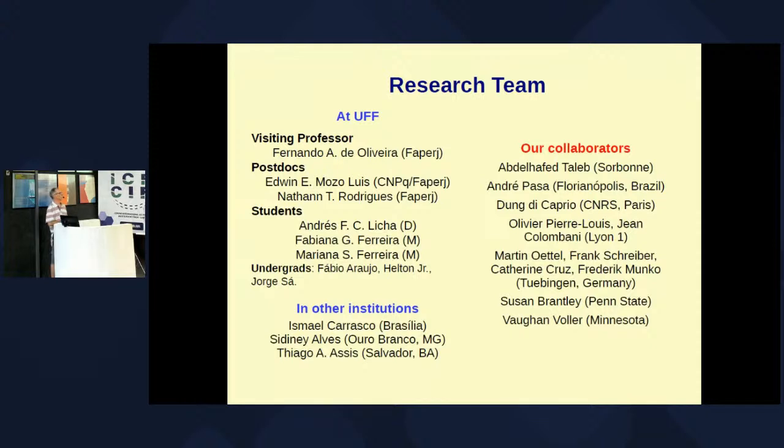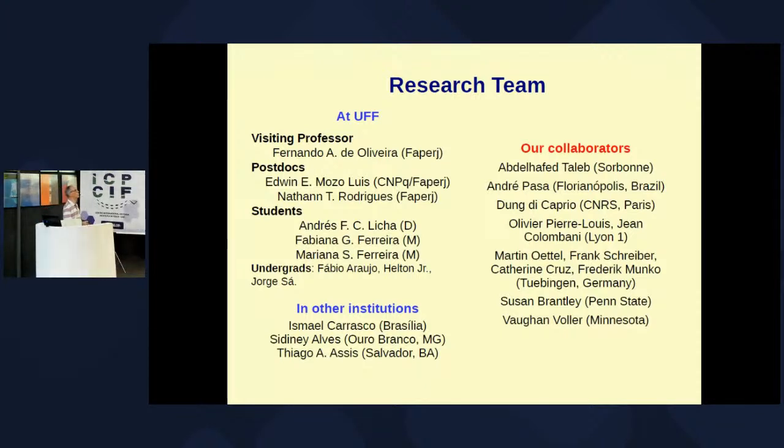And current collaborators, frequent collaborators from other institutions, are Ismael, who is here organizing this meeting, Sidney, who performed some of the simulations of electrodeposition, and Thiago Assis from Salvador, who is also involved with some models of film growth with me.